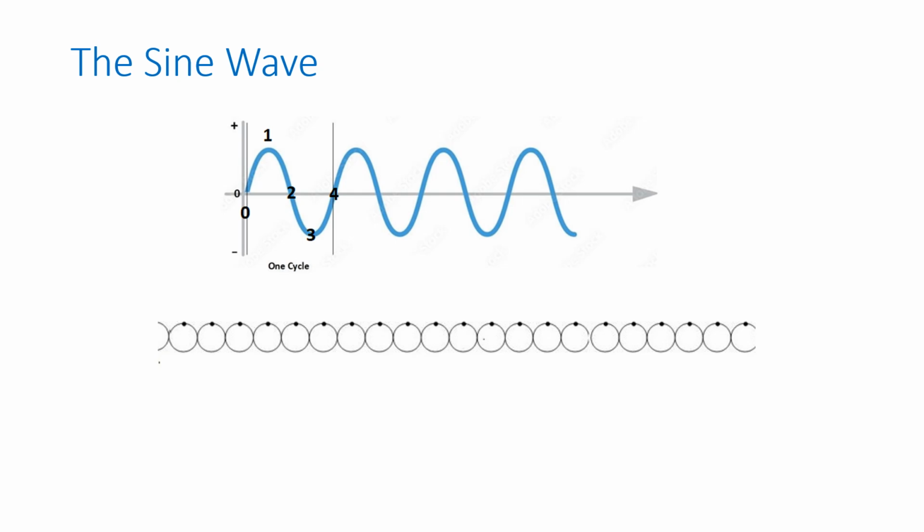The voltage, and therefore the current, in the electrical outlets in your house go through that cycle 60 times per second. Now 60 seems fast, but it's actually tremendously slow.